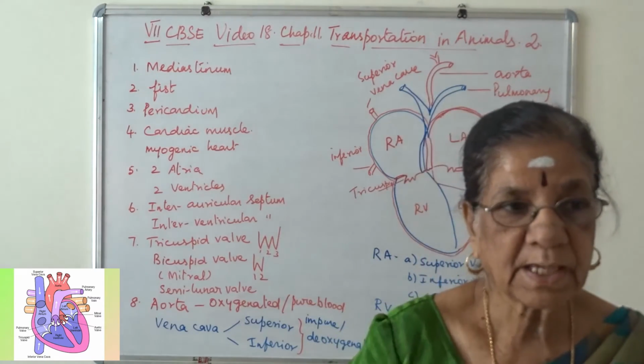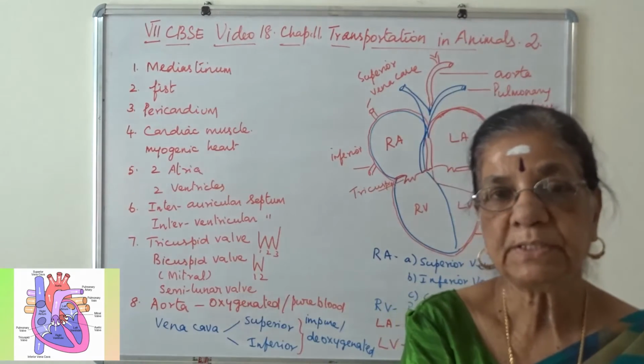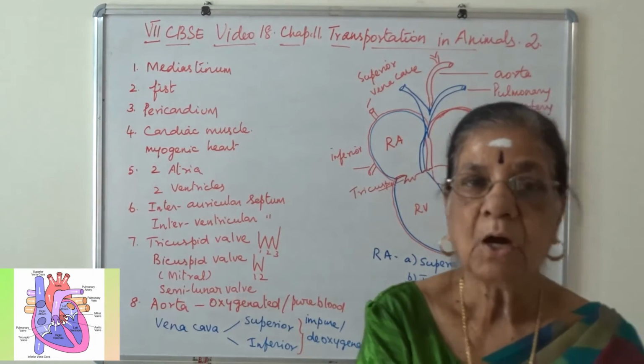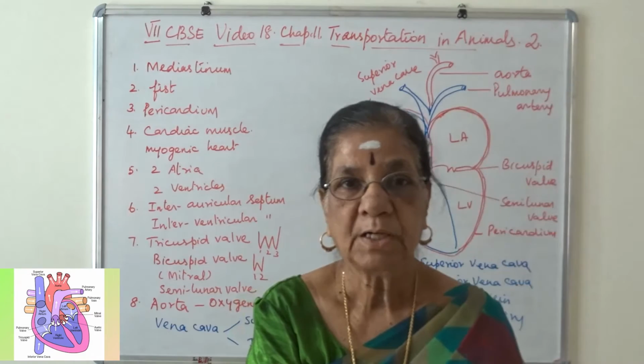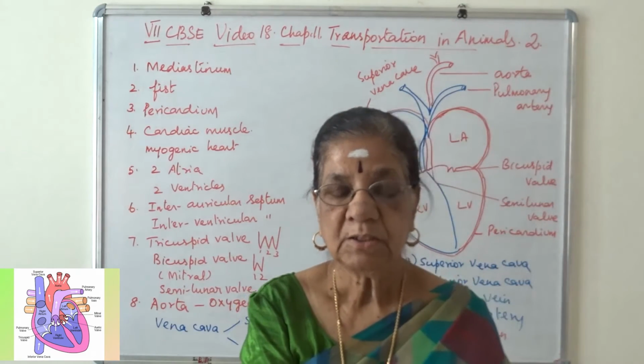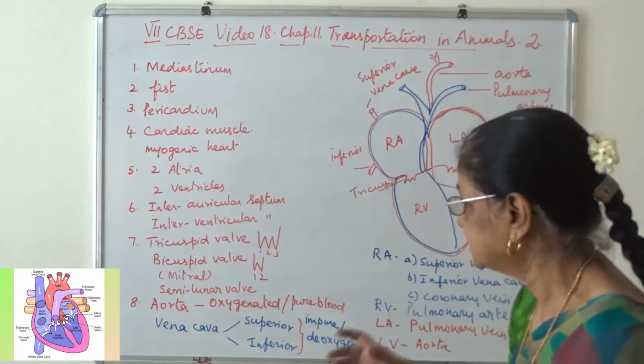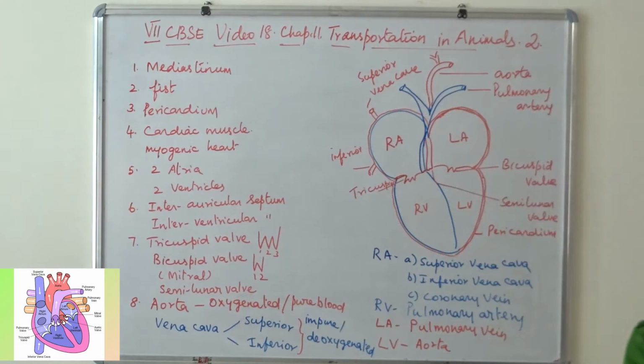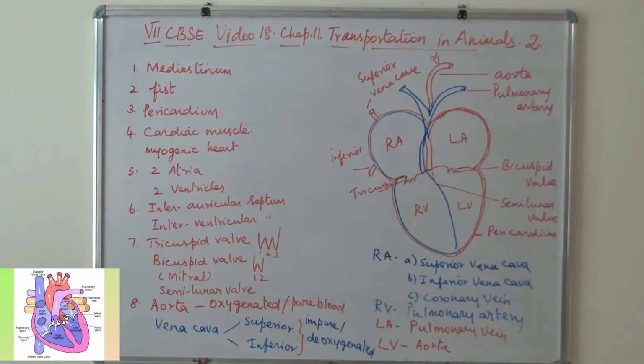The rhythmic activity of the heartbeat is initiated by this heart muscle. I hope you understand. So this is just the introduction and the chambers of the heart. Go through that. We'll just continue.